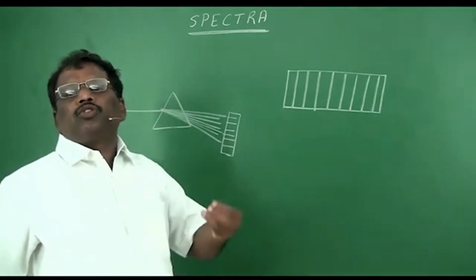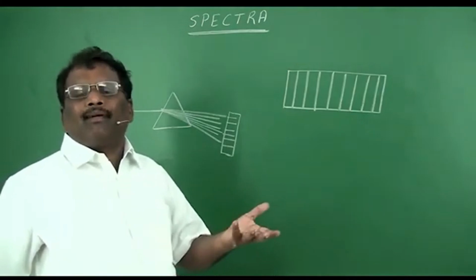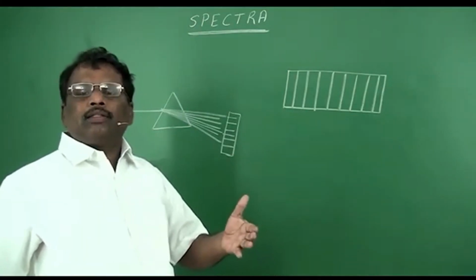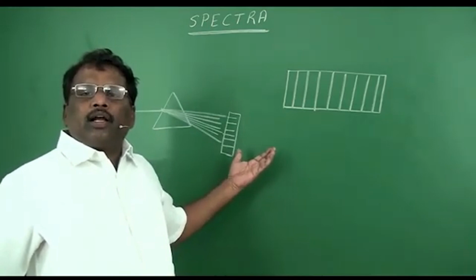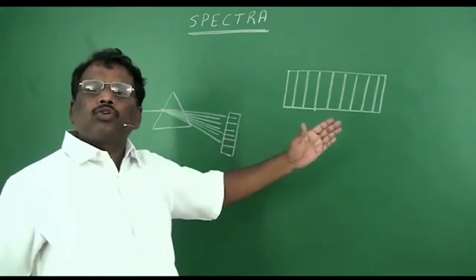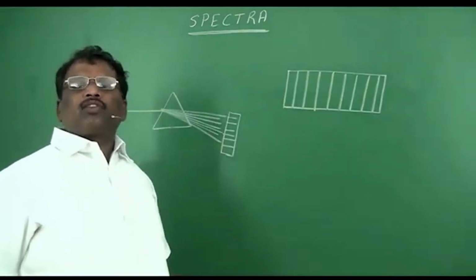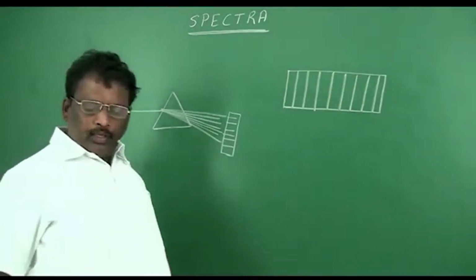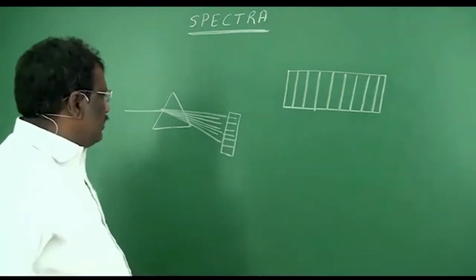The instrument which we use to take photographs is said to be camera. Just like that, the instrument which is used to record the spectra is said to be spectroscope. Now, how are these spectra recorded? Let us see.